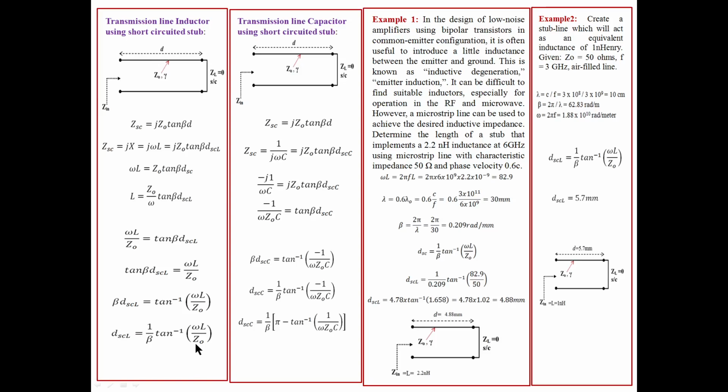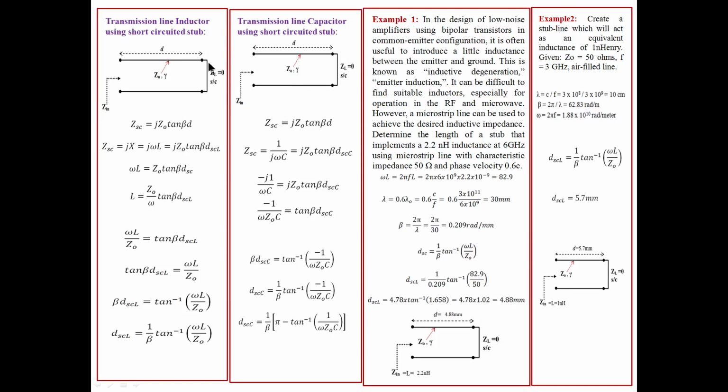That we will see, how to find this length of the line based on the L value needed here, or the capacitor value needed. For example, I want a particular value of capacitor, what is the length of the line? How to find the length? This is the equation I have given. You can use a shorted transmission line to implement both inductor and capacitor.